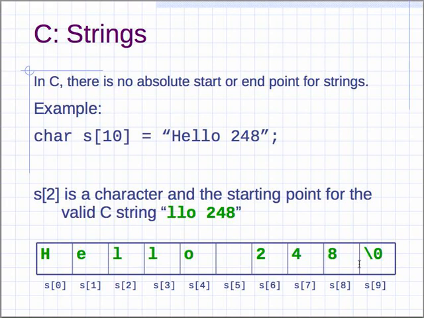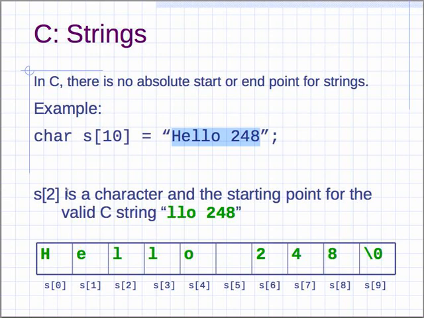Okay, so in C there is no absolute start or end point for strings. You could have a string S within 10 spaces in the array using this as the contents of the string, and you can start at any point between 0 and 8. Actually, you can start at 9 too. So at any point between 0 and 9, you can start another string.